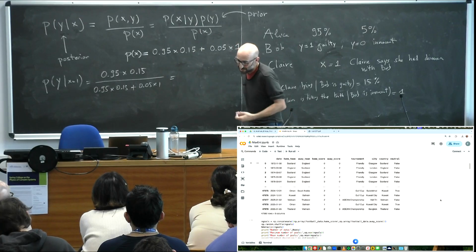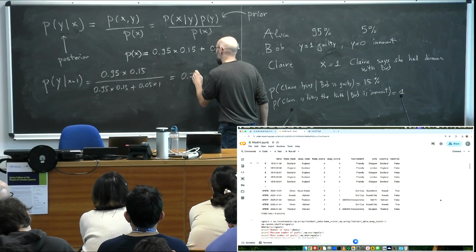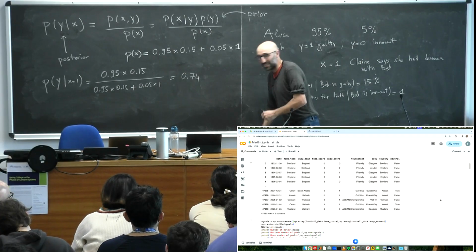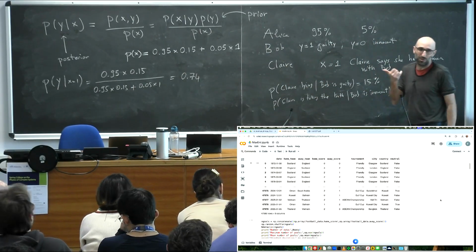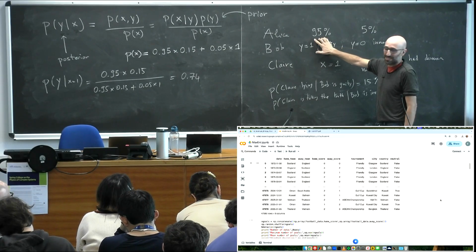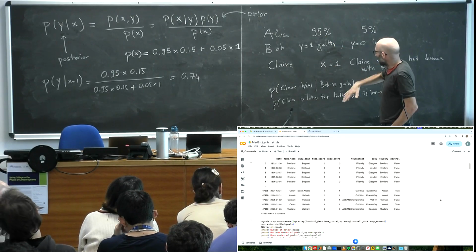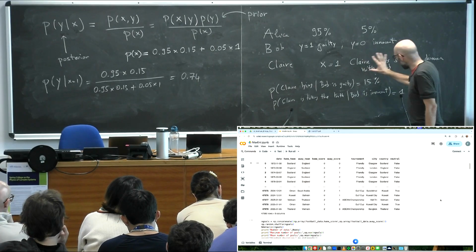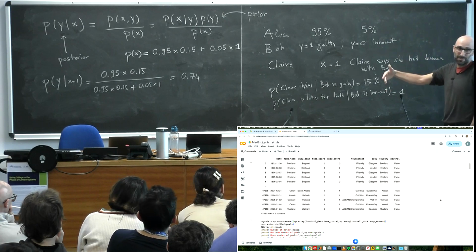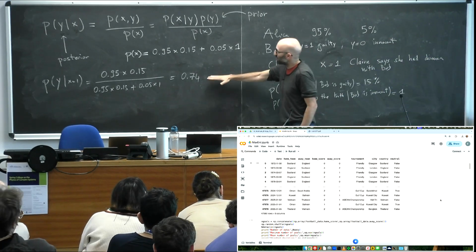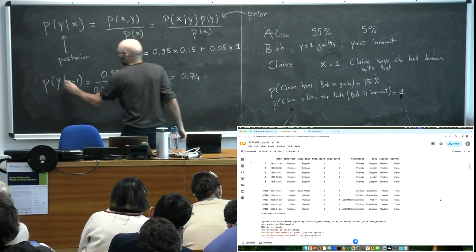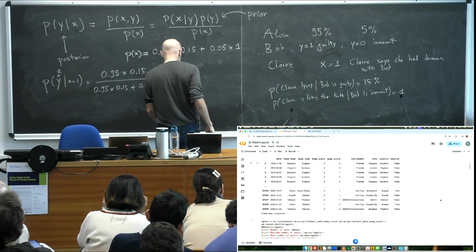And this one is 0.74. So you see that before she got the phone call, Alice was quite confident that Bob was guilty. Now she gets the phone call, she makes a model, and under the model, she can update the belief, and now the probability that Bob is guilty is down to 74%. This is the probability that y is equal to 1, given x.